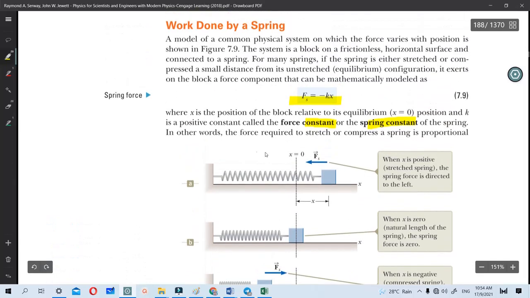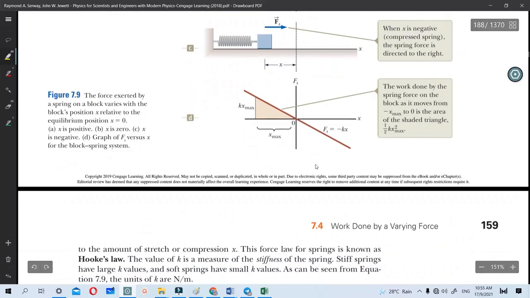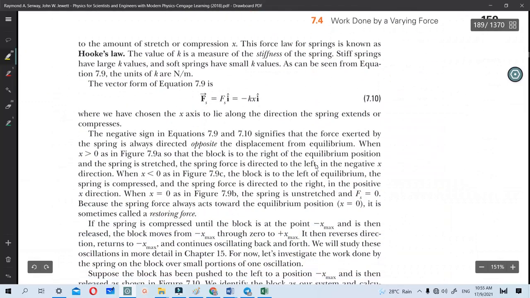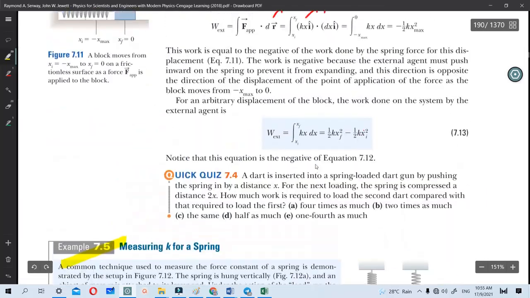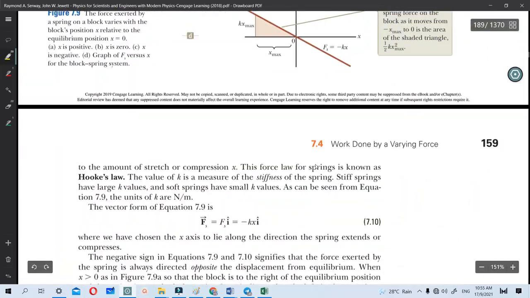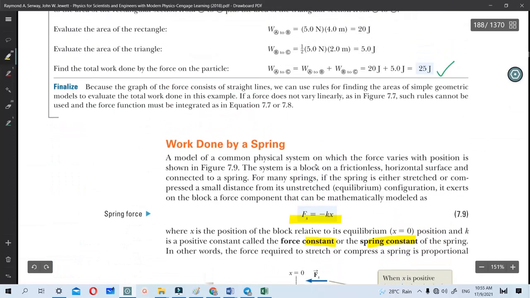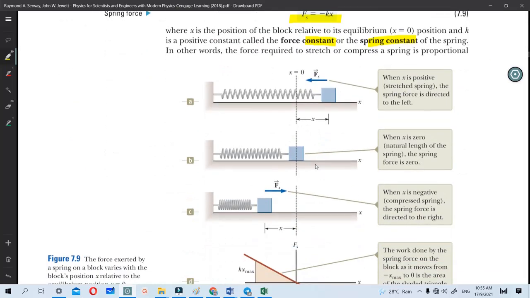Why? Number one is because of the direction of the force. The spring force here, we call it the restoring force. Restoring force means that when you pull it to the right, like this instance, it will pull it back to the equilibrium.